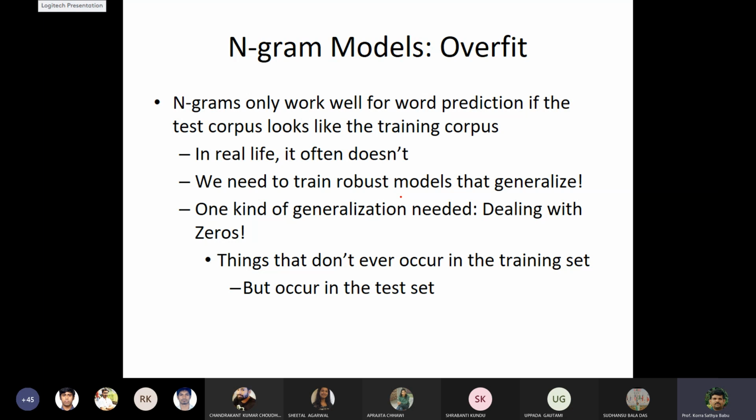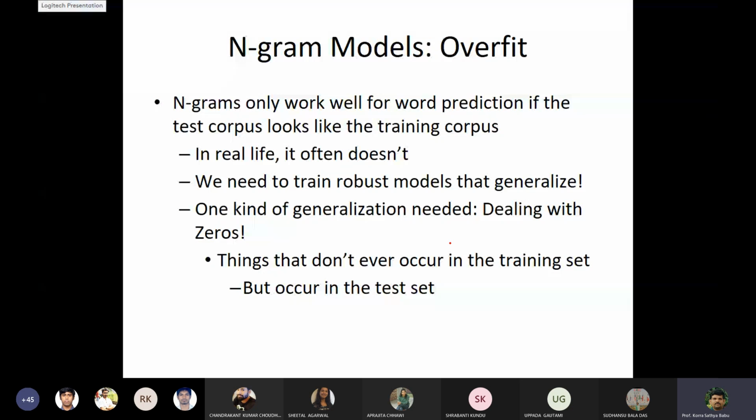So we need to train robust models that generalize, and one kind of generalization that is needed is dealing with zeros. Dealing with zeros means things that don't ever occur in the training set, but they occur in the test set.